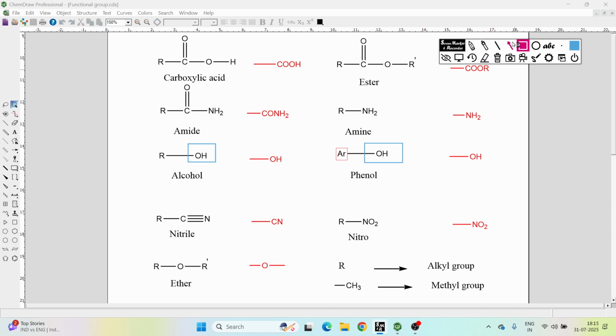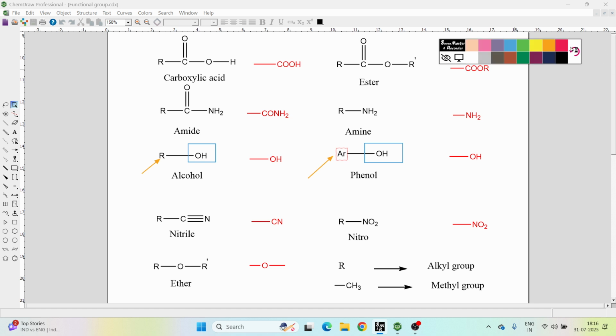If you carefully observe this, you will understand that here the OH is directly attached to an alkyl group, whereas here it is attached to an aromatic ring. So when the hydroxyl group is attached to an aromatic ring, we say it is phenol. But the same hydroxyl group, when attached to an alkyl group, becomes an alcohol.